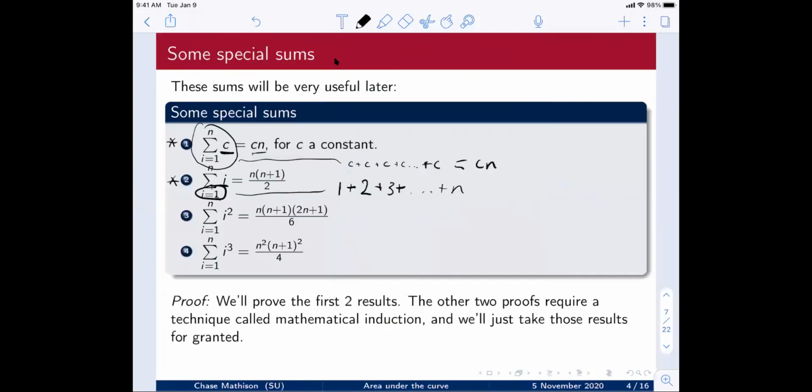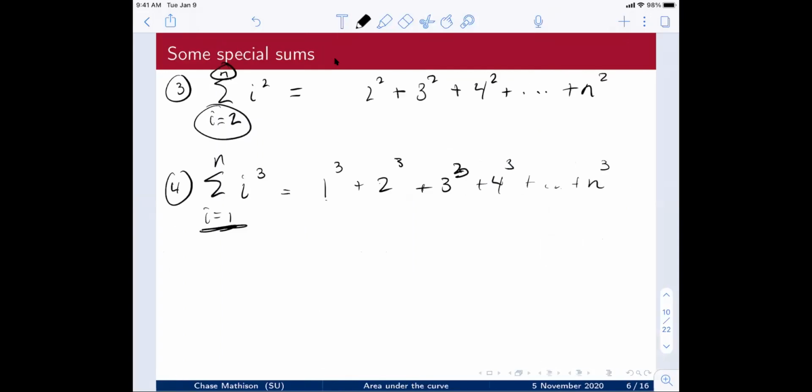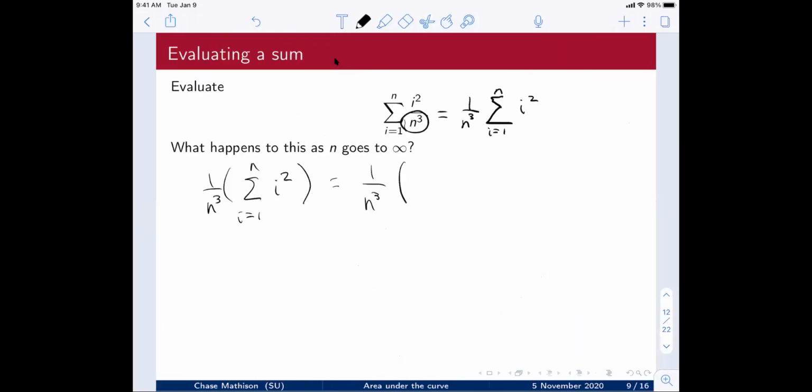So the sum i equals 1 to n of i squared is n times n plus 1 times 2n plus 1 divided by 6. Again, I don't expect you to have that memorized. Look it up when you need it.